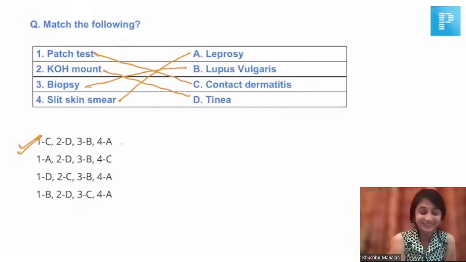No. Okay, great. So they asked you STD, they asked you leprosy and some basics. So I guess that's it. These were the 5, 6 questions which were asked in dermatology.